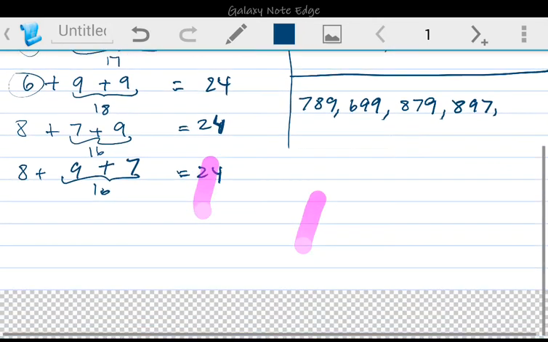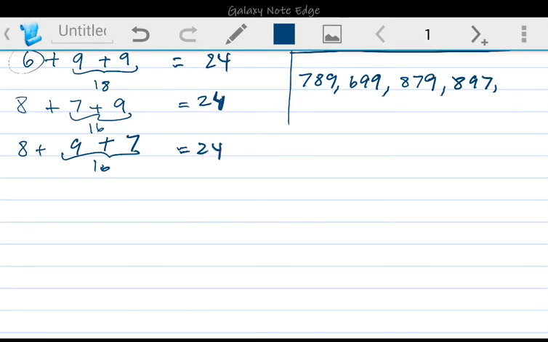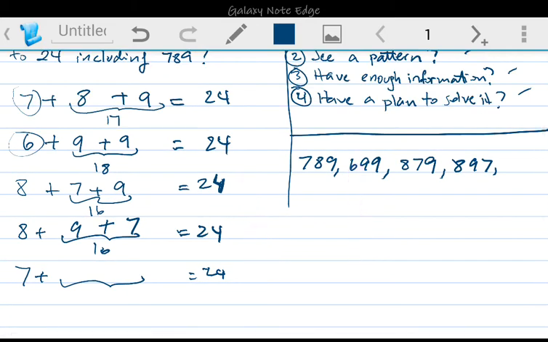So now we actually skipped something. If the first number is 7, we have one more. So if the first number is 7, 24 minus 7 is 17.